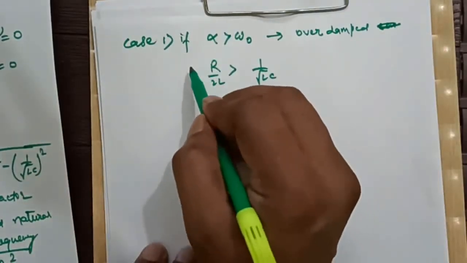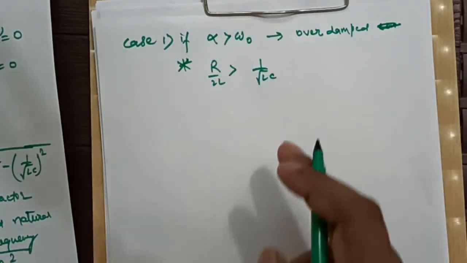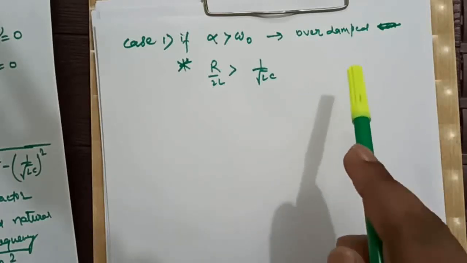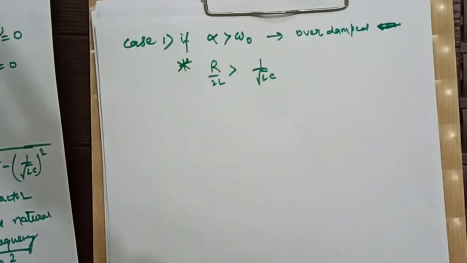Now note it here, several questions are asked based on this condition. They will give the values of R, they will give a network or circuit and will ask you to comment on whether it is underdamped, overdamped or critically damped. So for a second order electric network to be overdamped, this should be the condition.